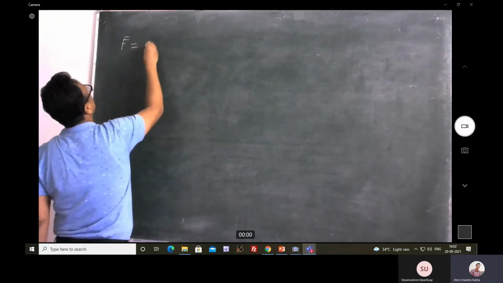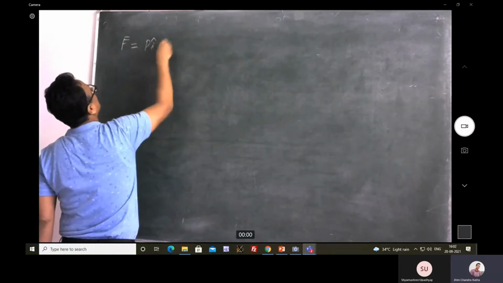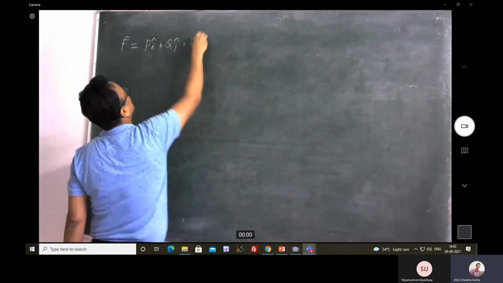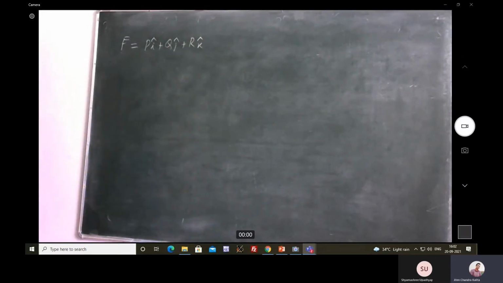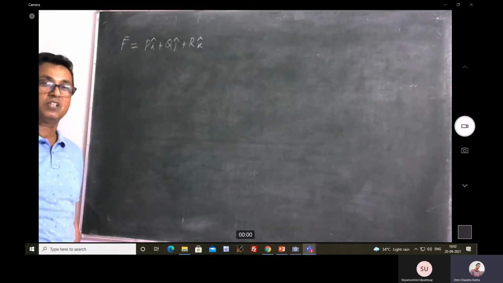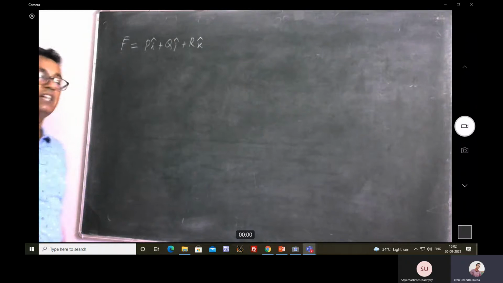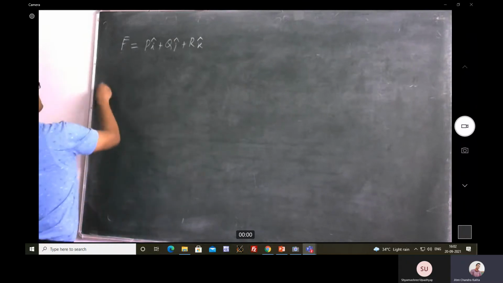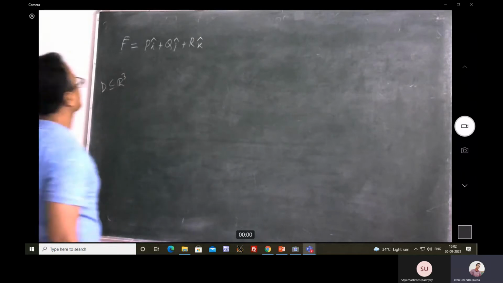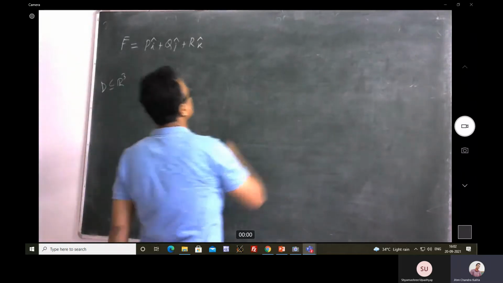Suppose your f is given by Pi plus Qj plus Rk, where P, Q, R possess first order partial derivatives with respect to x, y, z in some domain D belonging to R3.